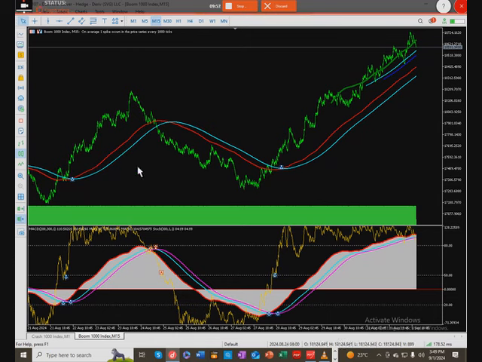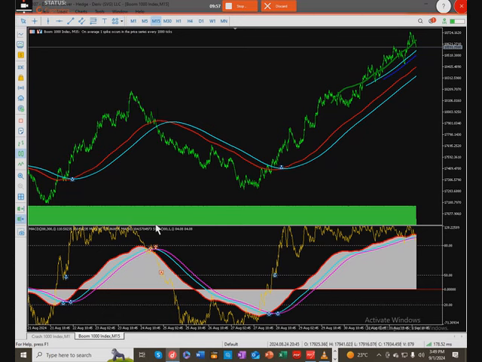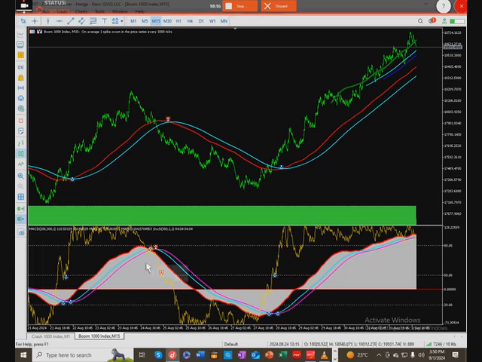Also on the sell, you see here we have a cross, and before that cross happened, we see the first signal when the market approaches this moving average.